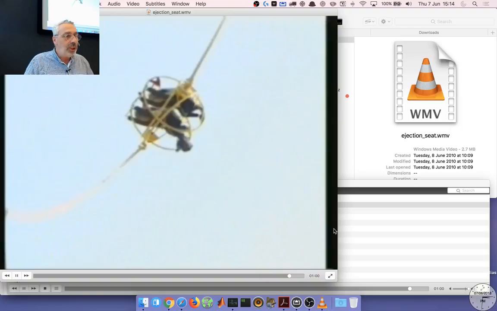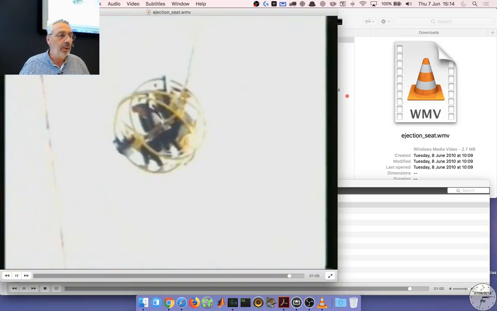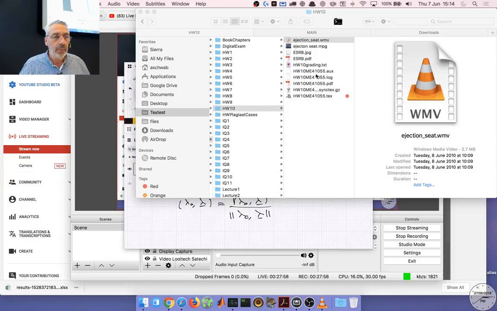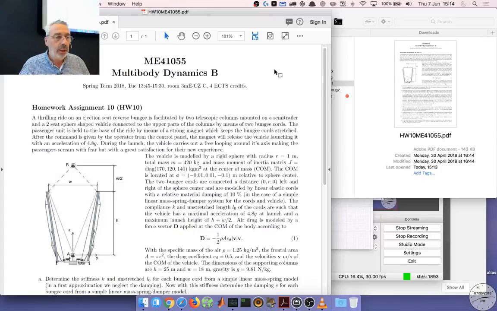Now when you are a designer, you are stuck with a problem, and then we go to the assignment again, yeah. So when you're a designer, you have to design this machine. Meaning you have to know what the height of the towers is. You want to know how high are we going to propel the people. Meaning you have to know what type of bungee cords shall we use.